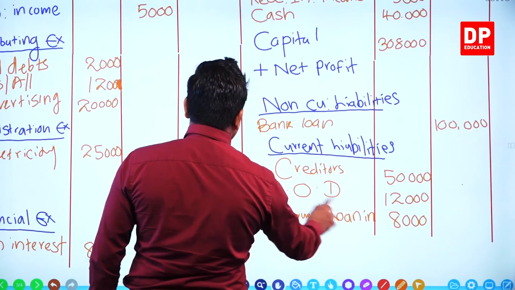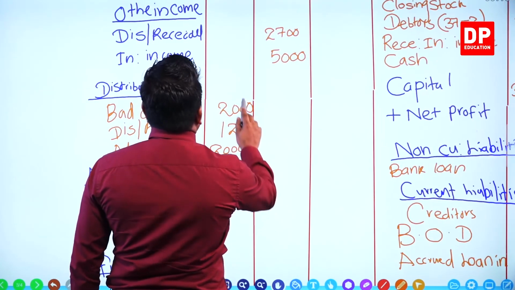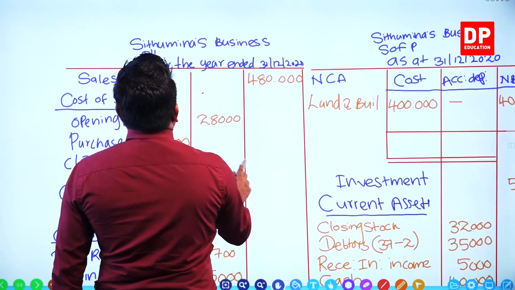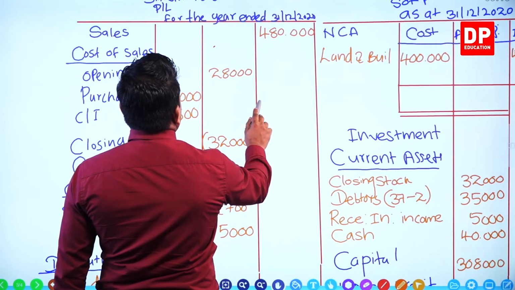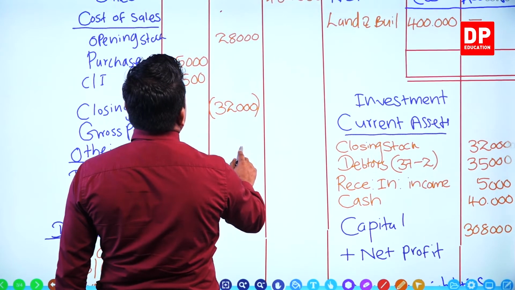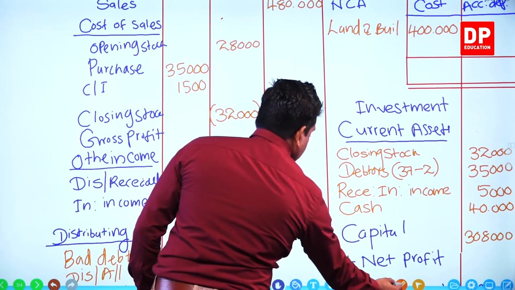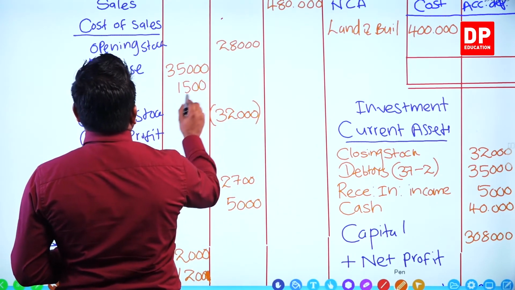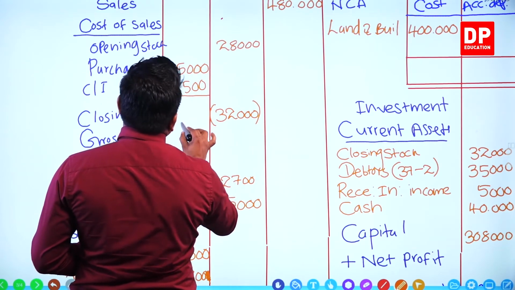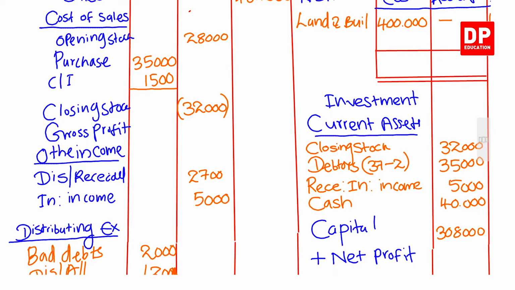Now we move to the first, the profit and loss statement. See here, 80,000. Now opening stock is there, right? Then here 36,500.